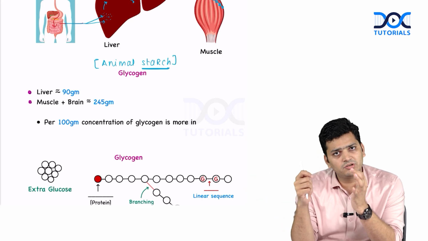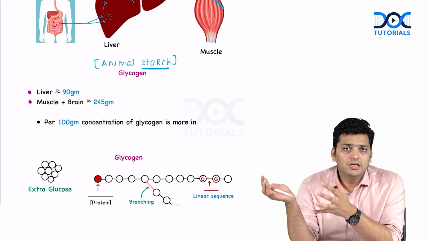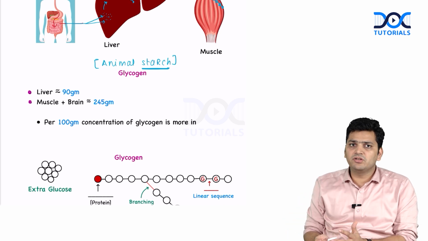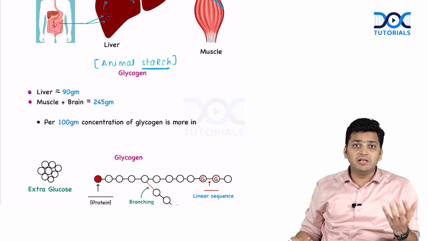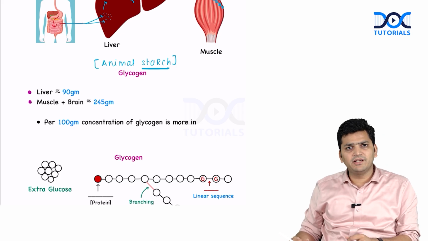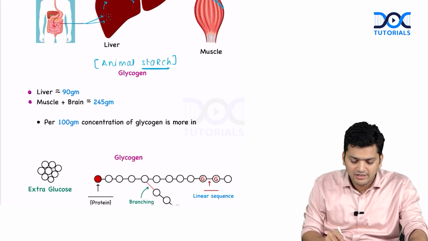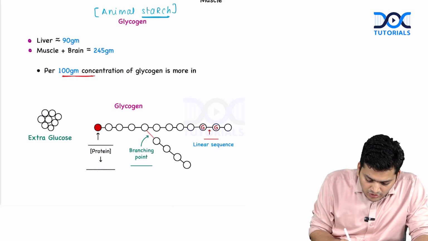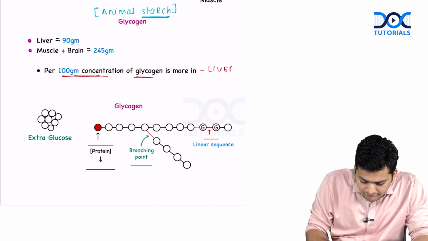Obviously in the liver, because the liver mass is just 1 to 1.5 kilograms, so the 90 grams of glycogen is distributed in that. Whereas the muscle mass is somewhere around 20 to 30 kilograms, and in that we have the 250 grams of glycogen. So the concentration of glycogen is more in the liver.